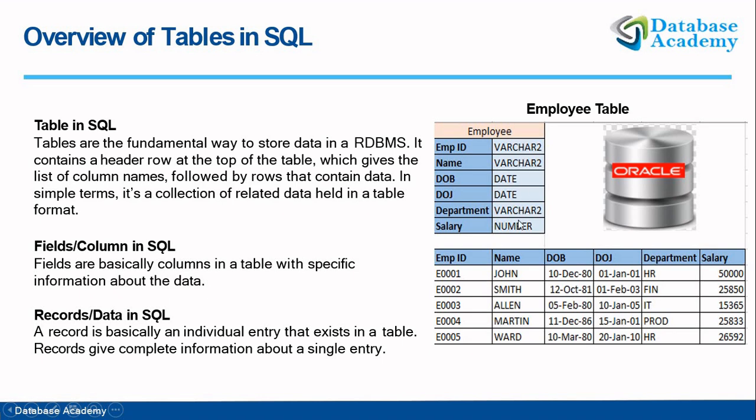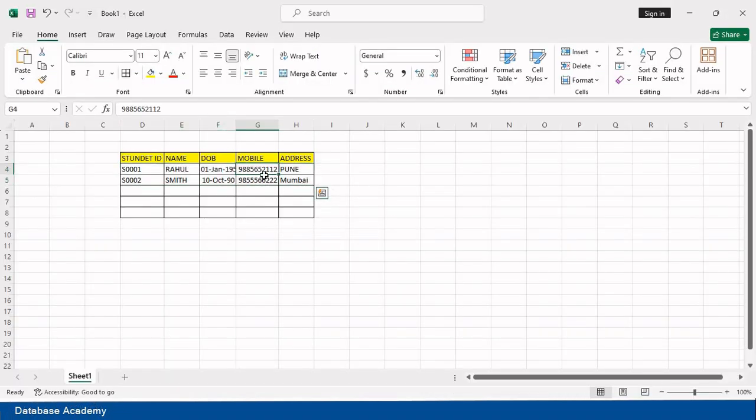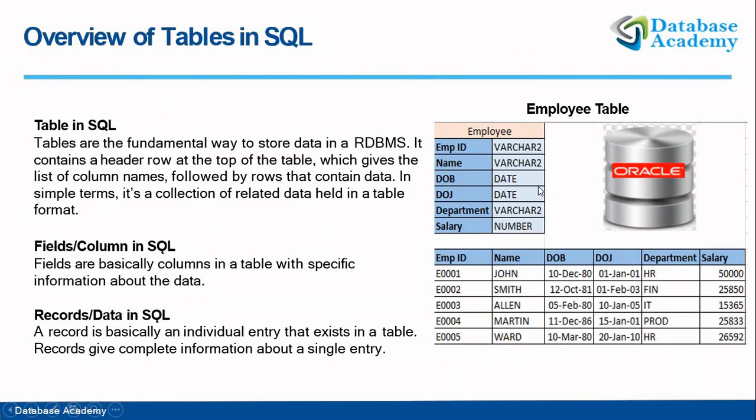These data types, for the time being you can understand that varchar can hold any characters or numerics also. A date field can hold things like date of birth, date of joining. And number is like only containing salary here. Like here it will contain only mobile number, which will be numeric only, right? So this will be the structure of the employee table.